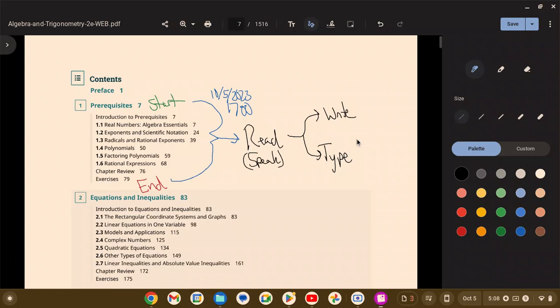Yeah, so that's what I'll do. So read, write, and type, and then they'll come back together. And then summarize.